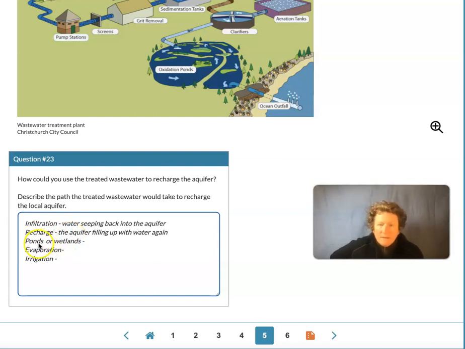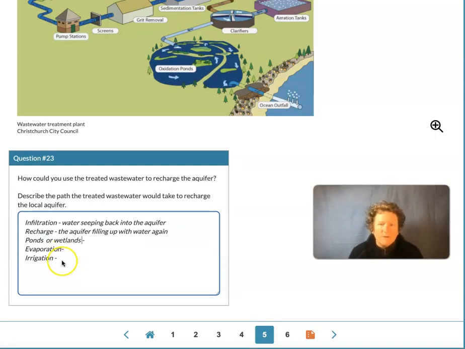You can use ponds or wetlands to help water slow down and infiltrate into the aquifer. Beavers are very good at making these ponds in natural streams, and we could do something similar with ponds or wetlands with this wastewater. We have to think about evaporation when we think about using wastewater for irrigation.